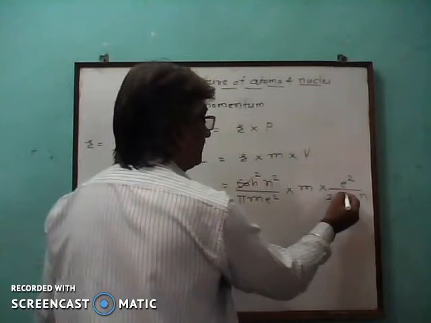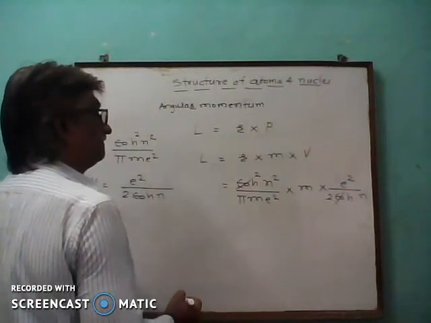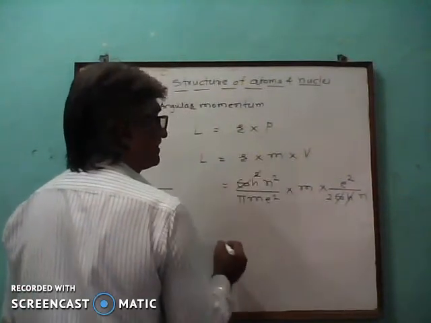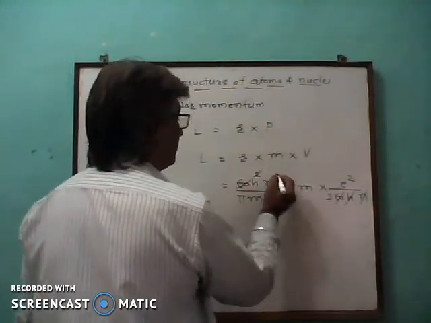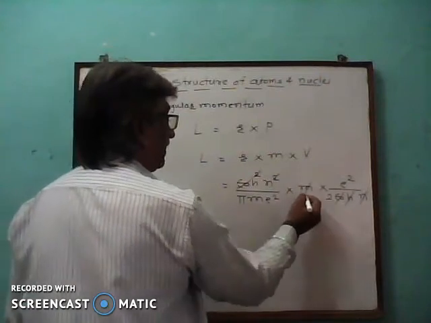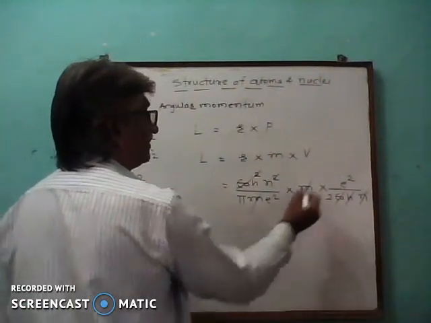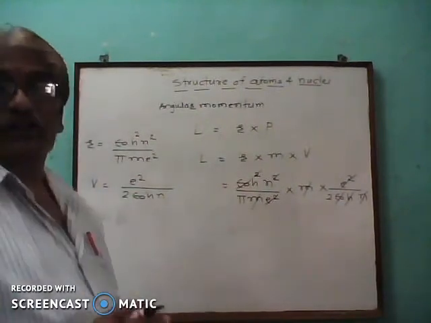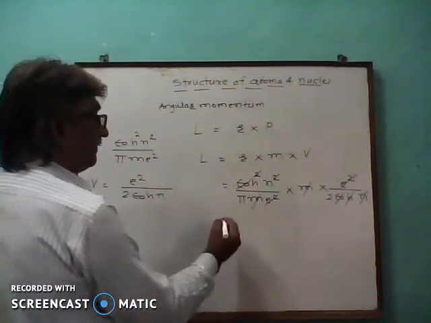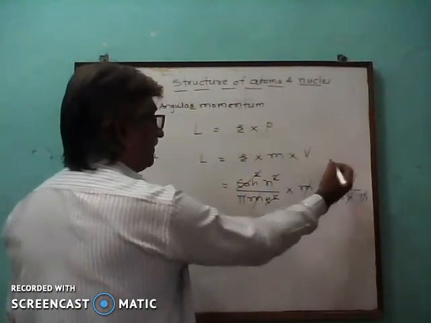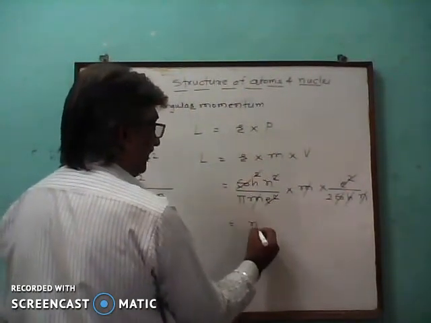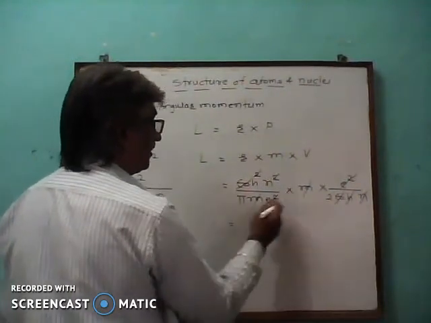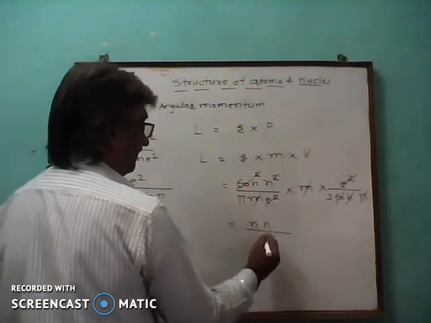Epsilon 0 gets cancelled, h gets cancelled, n gets cancelled, m gets cancelled, e square gets cancelled. The only remaining terms will be numerator n and h upon denominator 2 pi.